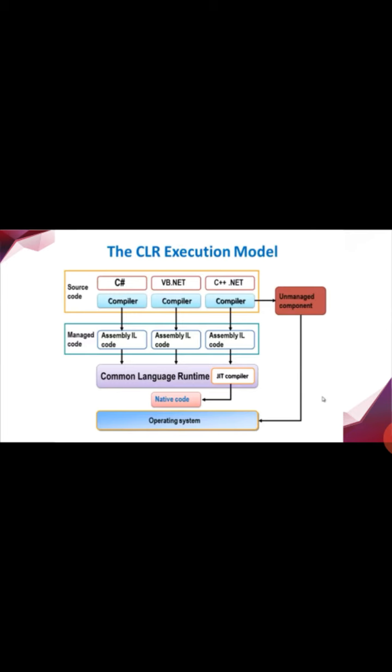The assembly code is passed into the JIT compiler, and the JIT compiler converts it into native code. And native code can be connected to the operating system.